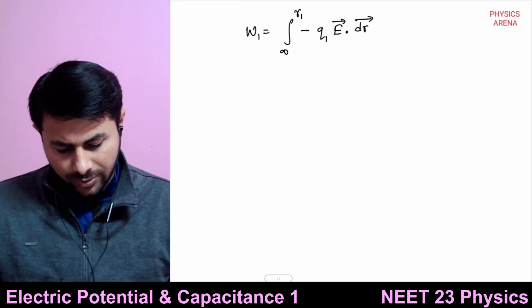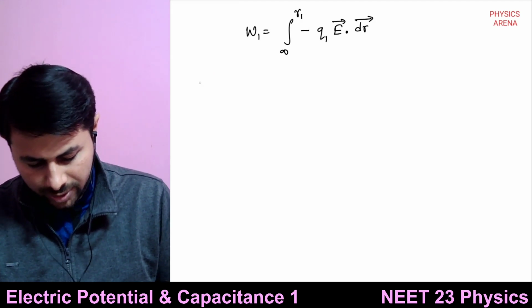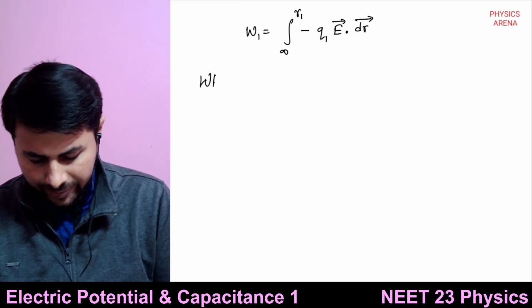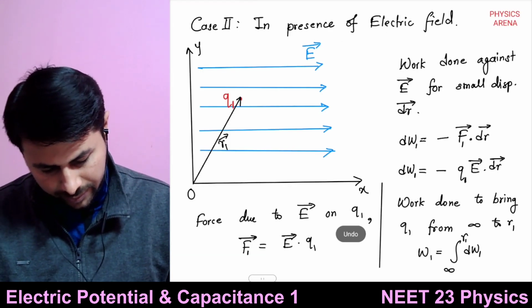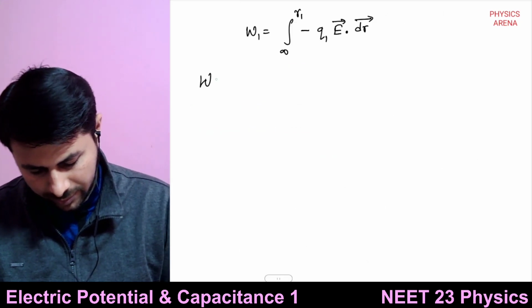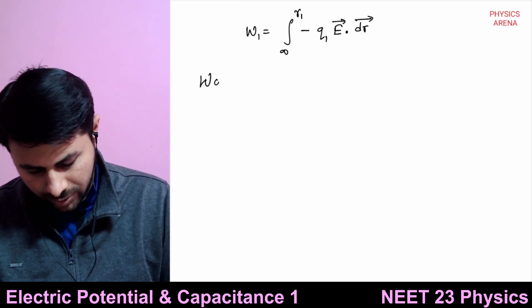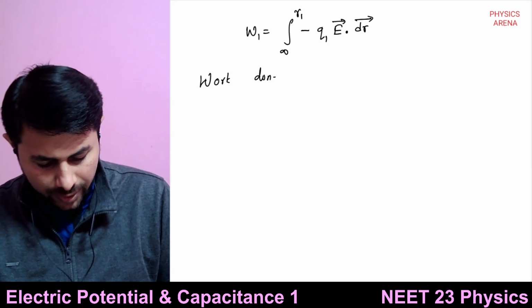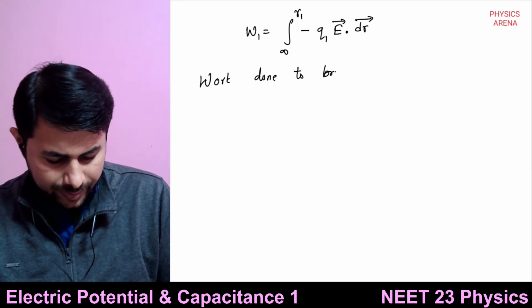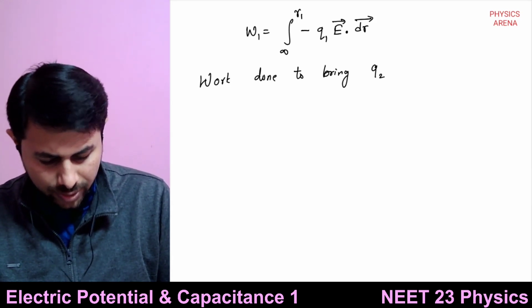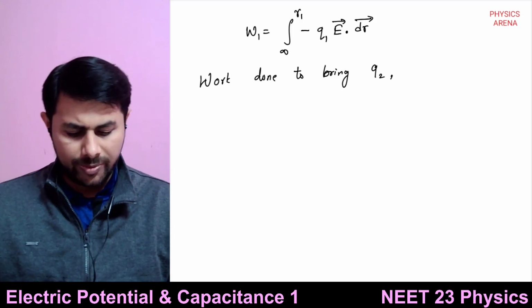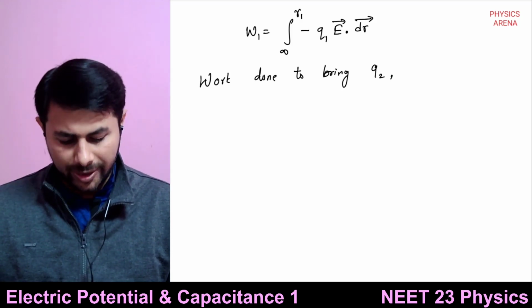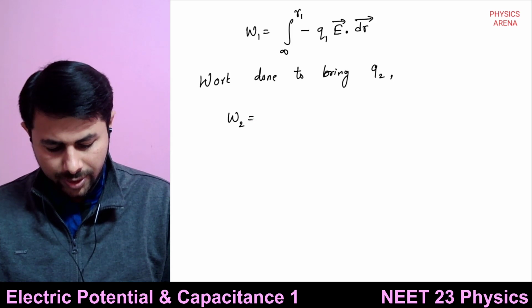Now when you bring the second charge, the work done to bring Q2, let's call it W2.